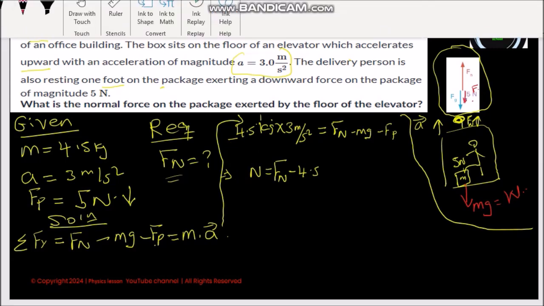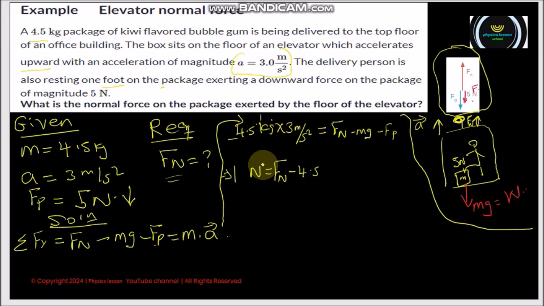When we multiply that, around 13.5 Newton minus again mass, 4.5 kilogram times acceleration due to gravity 9.8 meter per second square, minus the force applied by the person downward, 5 Newton.